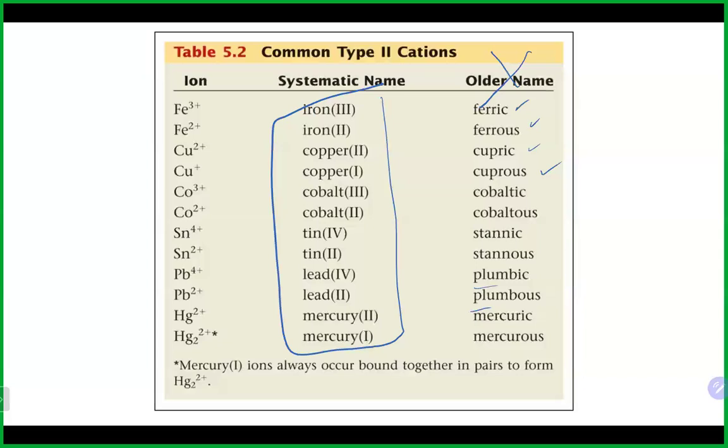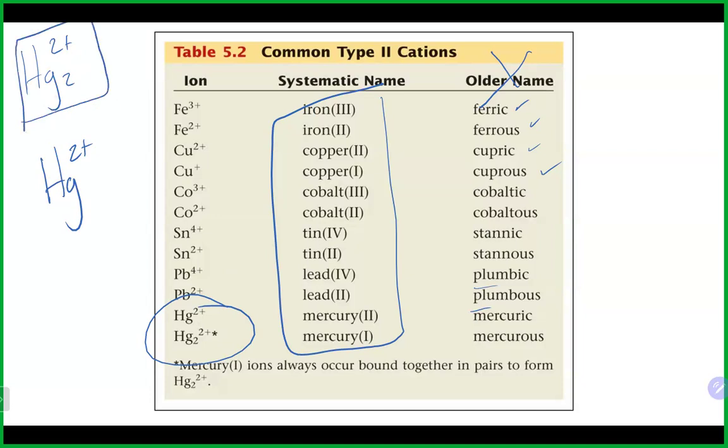One of the type 2 metals that confuse people a lot is mercury. And mercury can look like this, and mercury can look like this. Once again, the one with a lot of 2's is actually mercury 1, and the one with only one 2 is actually mercury 2.